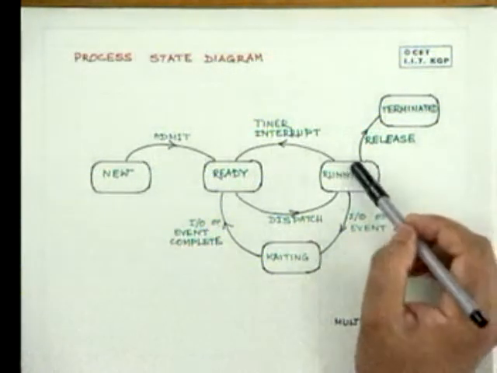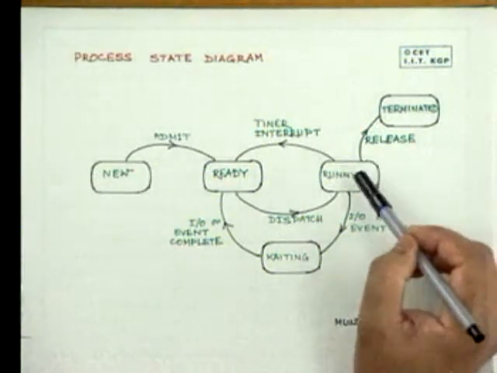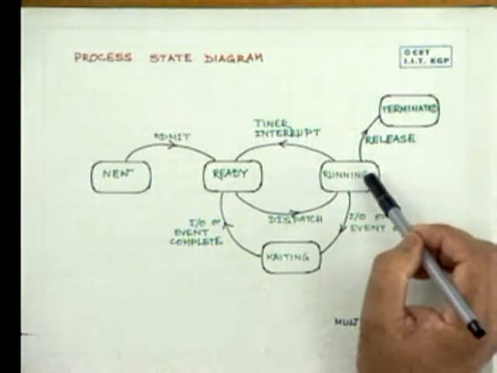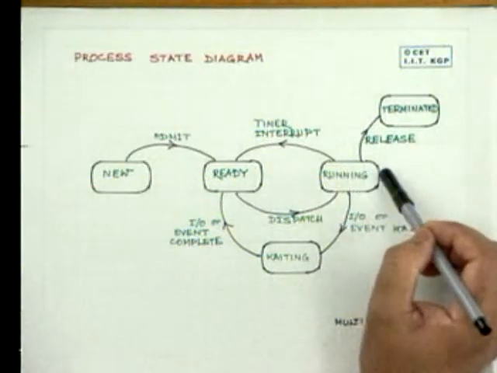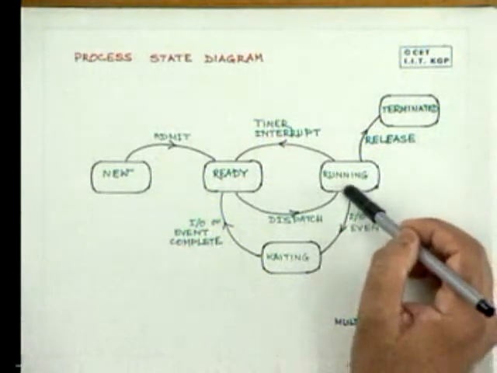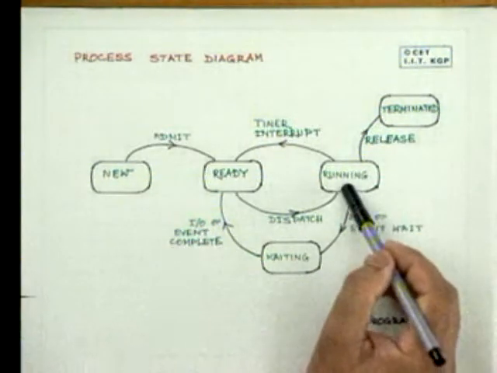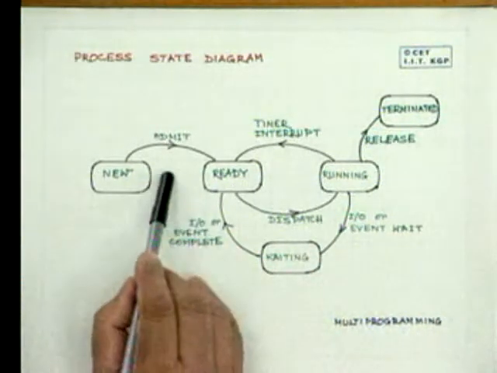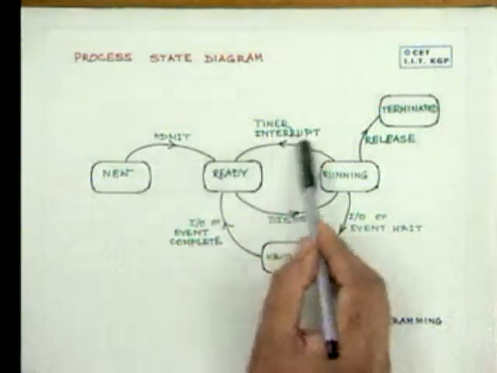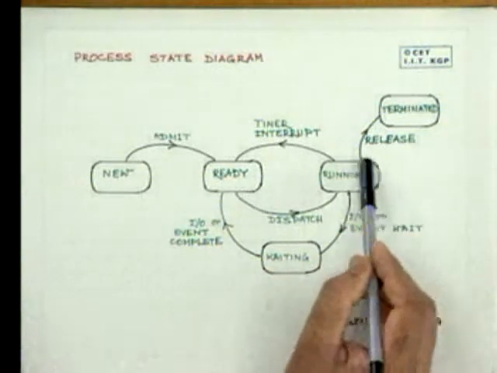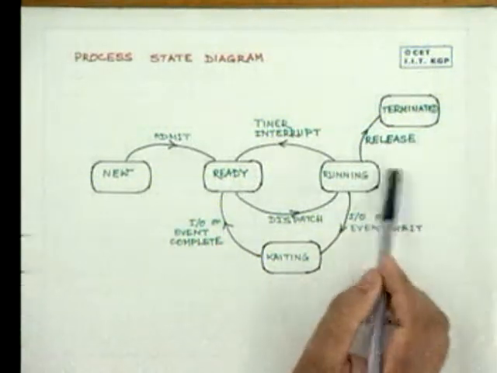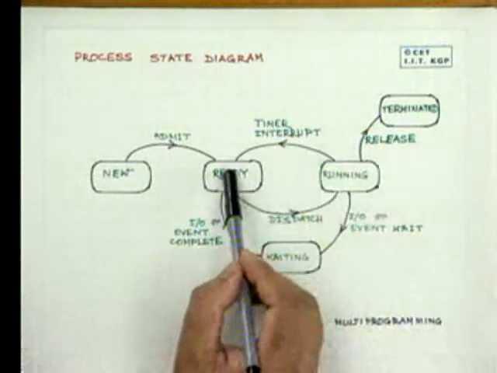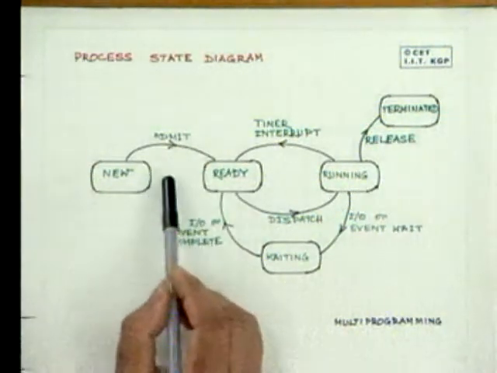Now, the process goes on running in the central processing unit till an IO happens, in which case it comes to the wait state, and one other process which is in the ready state is dispatched to the processor immediately, so that the processor is never idle, unless we do not have any process in the ready state.